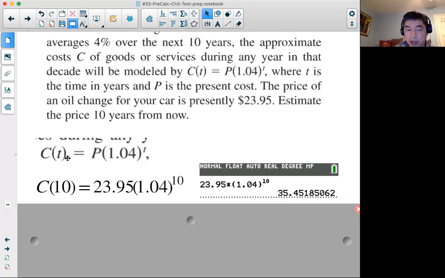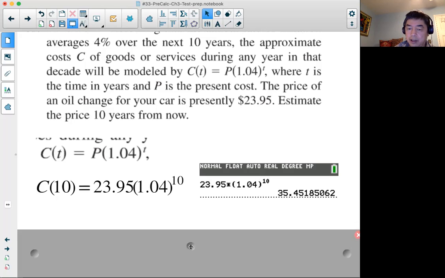So all I have to do is evaluate T equal 10. And this is the equation, and this is a calculator question. So it became $35.45. Okay. If you want to plug in 20, so it must be 23.95.